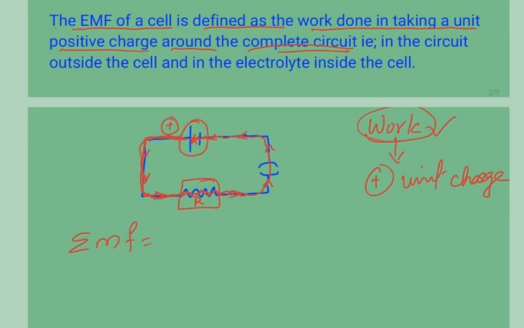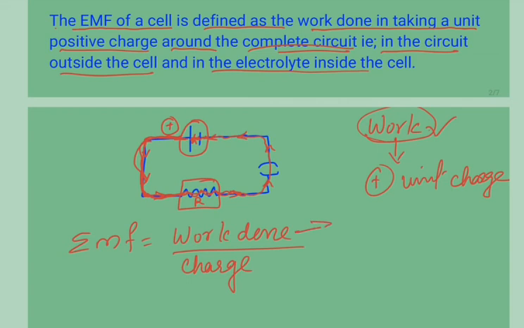That is the external circuit, or the external resistance that we have connected, and the electrolyte inside the cell. Okay, so that is the EMF of the cell. So we can define EMF as work done per unit charge, so work done divided by the charge.